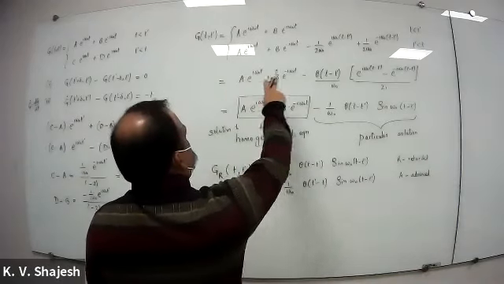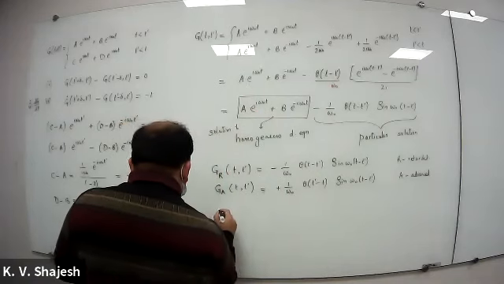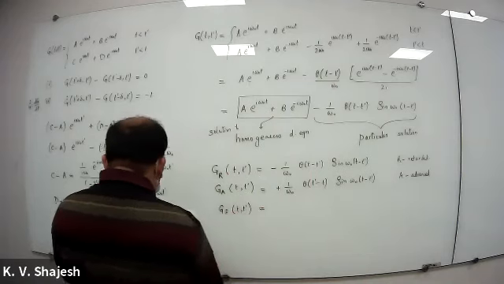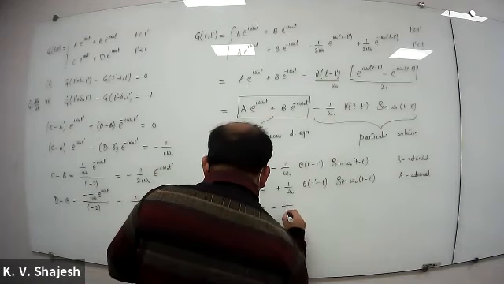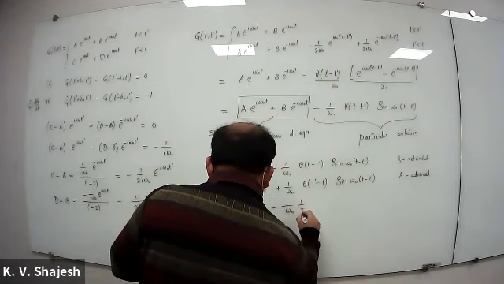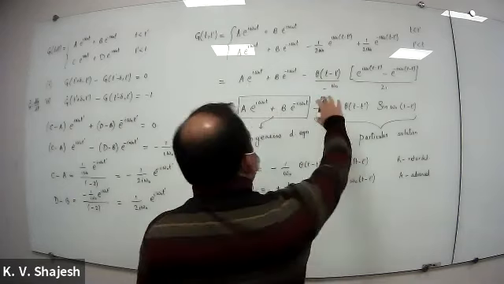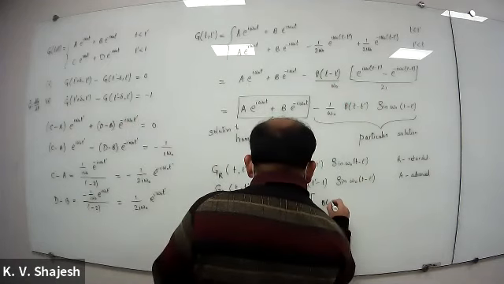Okay. There are various other combinations. You could have done A and C, right? So if you had done that, you would have got G (t, t prime), which is minus 1 over 2i omega naught. And this time it is mixed, right? The exponentials actually do not lead to a sine function.